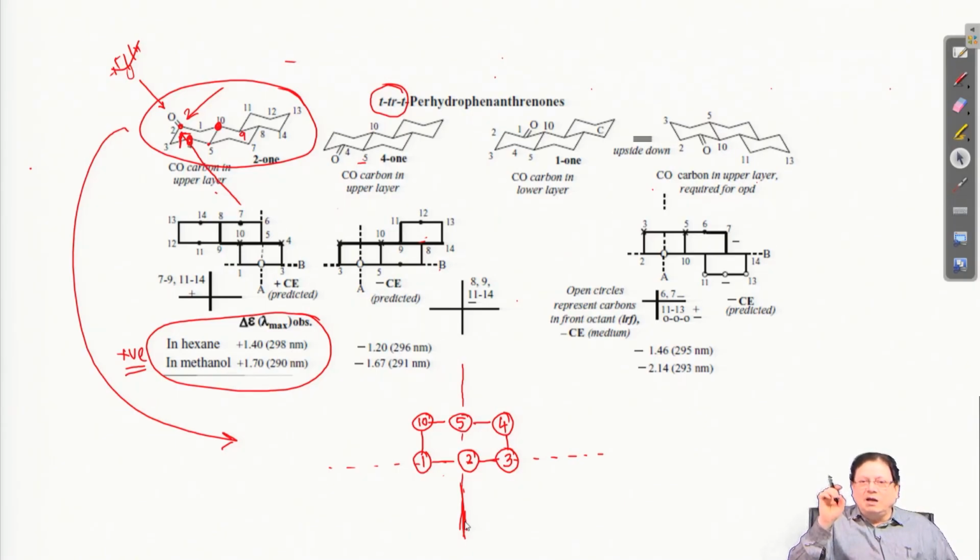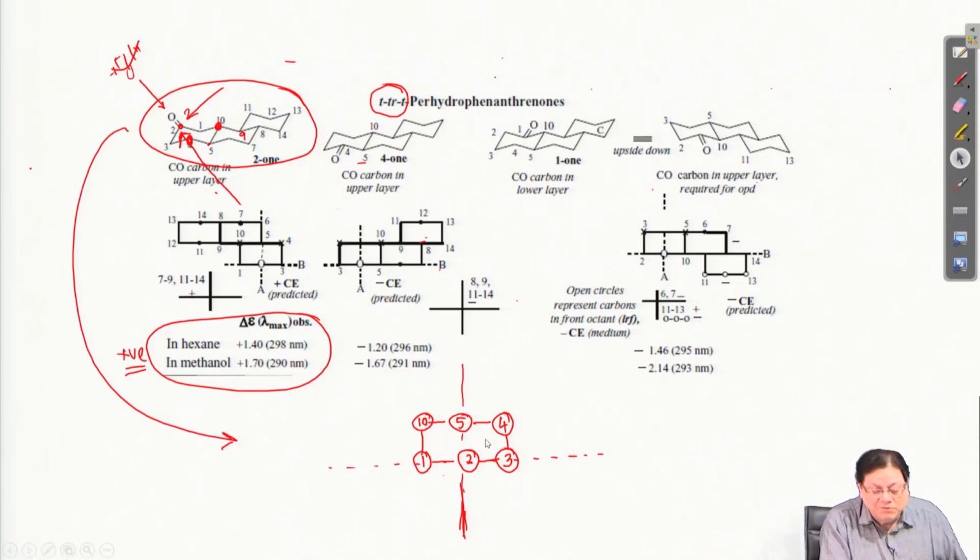These are the important points. So 4 will cancel the contribution of 10, because both are carbons. But let us continue to draw the projection.